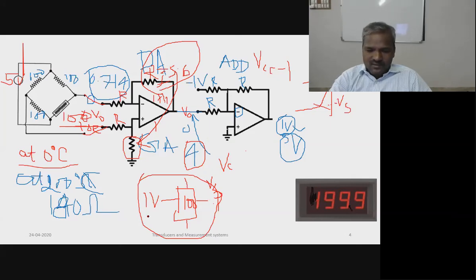In the other case, if you apply an input of 1 millivolt, the output is 100 millivolt. So 100 millivolt is possible. So you can operate the operational amplifier only in the linear region.